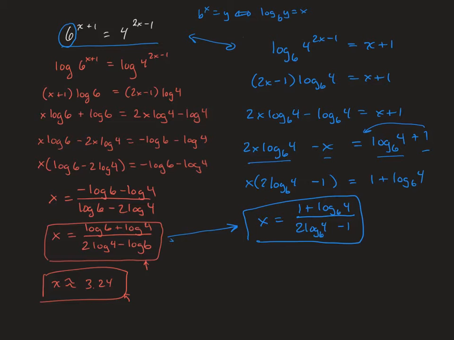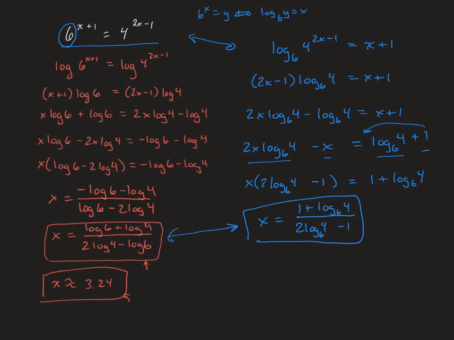It might not take much for you to see that these are essentially the same answer. I'd let you play around with what that would look like, but using change of base, we can easily turn that into the same expression. And again, let's just check to make sure. I'm going to use my calculator to plug this in. So I have 1 plus, and now I have to get to my logarithm tool, log base 6 of 4, over 2 log base 6 of 4 minus 1.